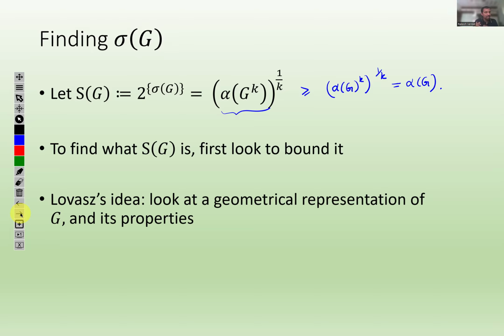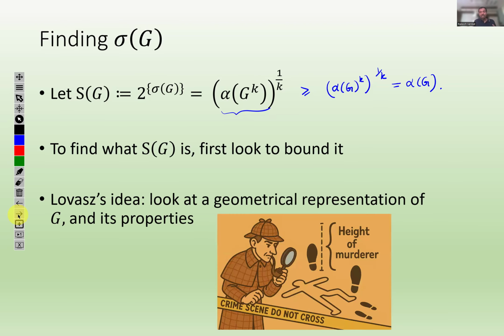Let me loosely state it: look at some version of a value of a geometrical representation of G. What is the idea of this? I like this example to explain it. Here's your detective, say Sherlock Holmes, at a crime scene. He looks around, and of course the criminal is not around anymore.